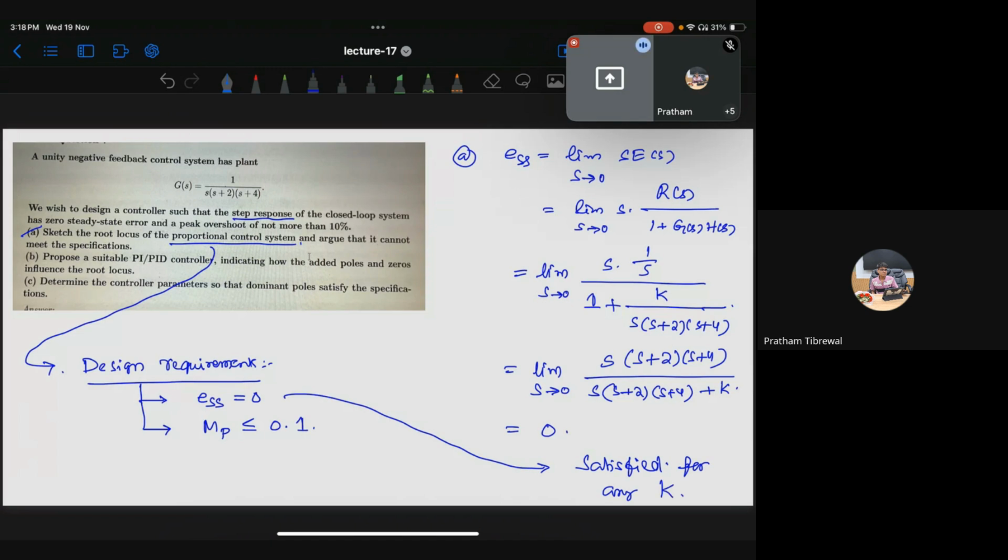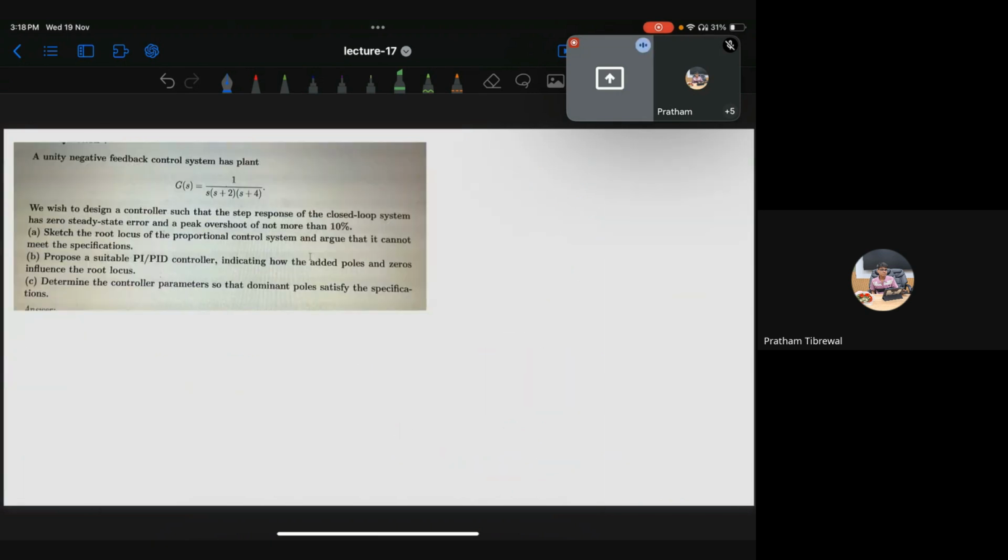Now let's check the second one, the peak overshoot. We already know that MP is e to the power of minus zeta pi by root over 1 minus zeta square, multiplied by 100.